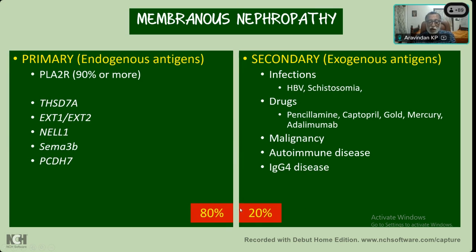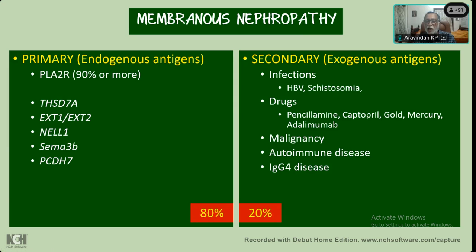And out of this 80%, 90% are due to one particular endogenous antigen. The difference is that one is endogenous, the other is exogenous. Endogenous means it's within the glomerulus itself, just beneath the epithelial cell. That is why the antigen is there, and antibodies are directed against that, forming complexes. The exogenous ones combine with antibodies and get deposited in the subepithelial location.